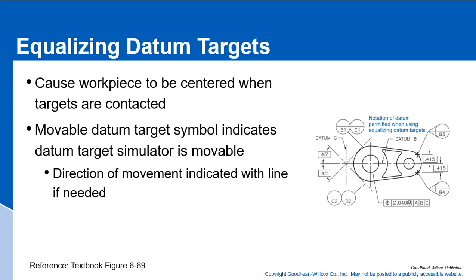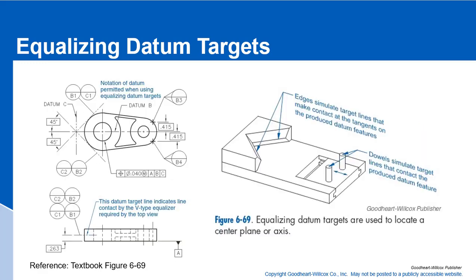Equalizing datum targets. This causes the piece to be centered. These symbols here are equalizing, which gives us a movable datum target symbol. The direction of the movement is indicated with a line if needed. Let's look at what this simulator looks like.